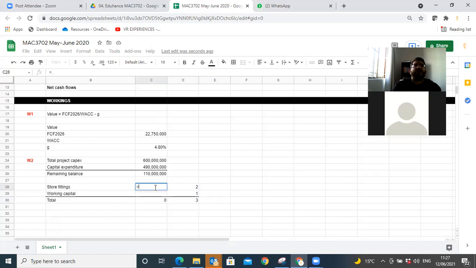So remaining balance. Store fittings as a ratio of total multiplied by remaining balance.